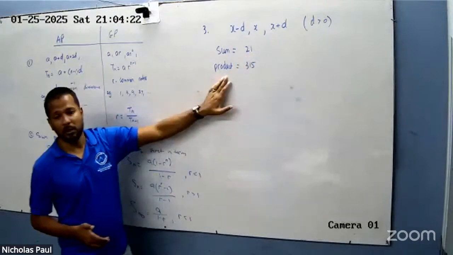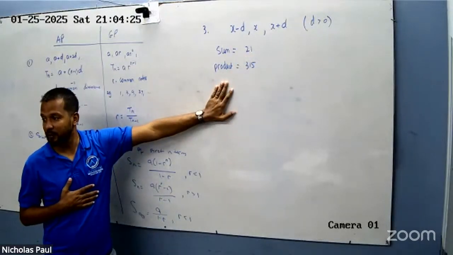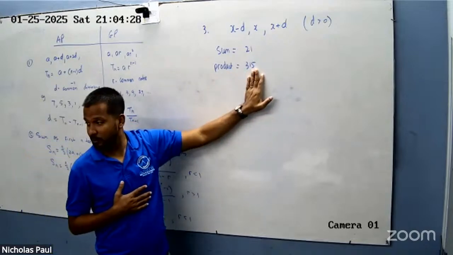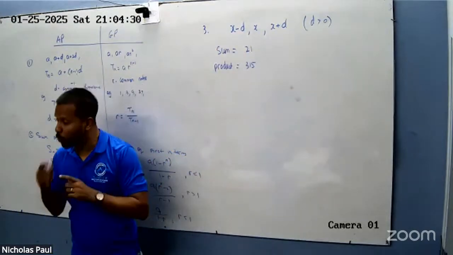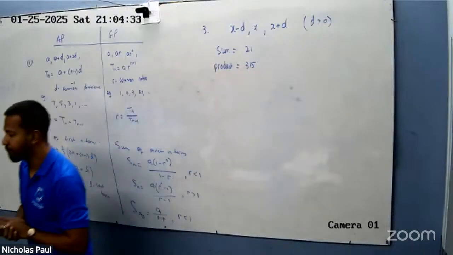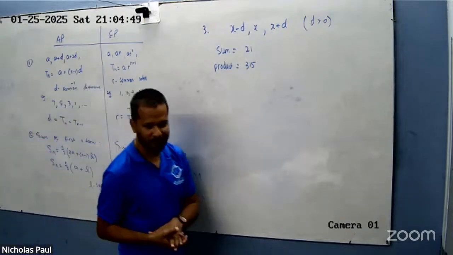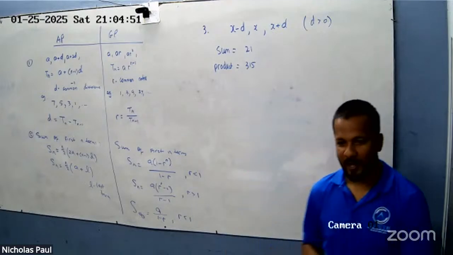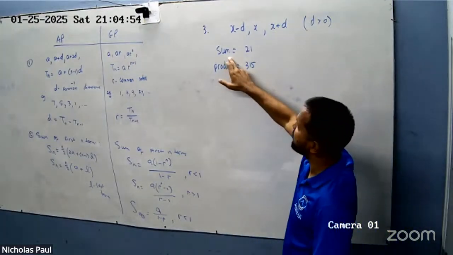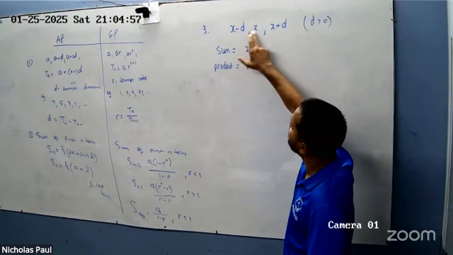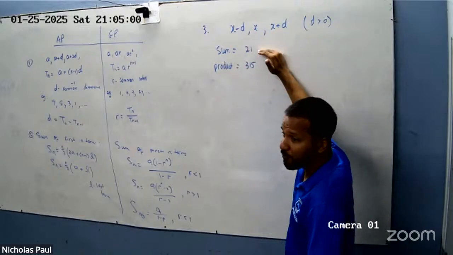When you multiply, do the first one first, and you'll see what happens. Follow the instructions: the sum is 21, the product is this. Give me the sum first, and then the product.